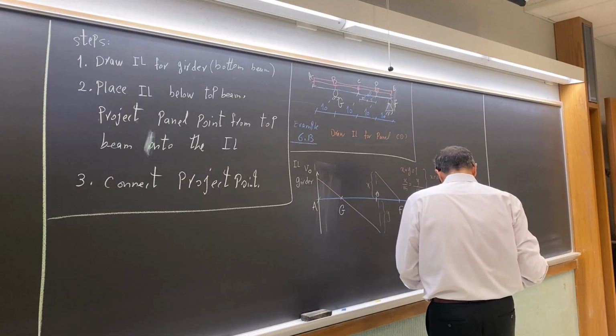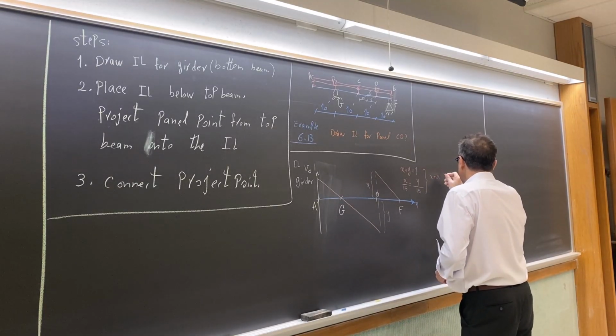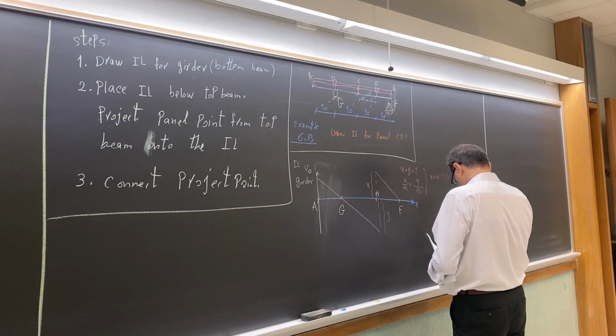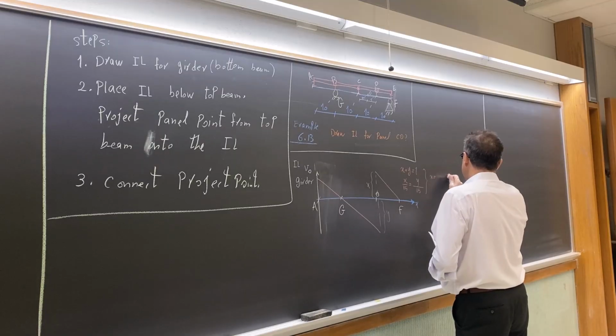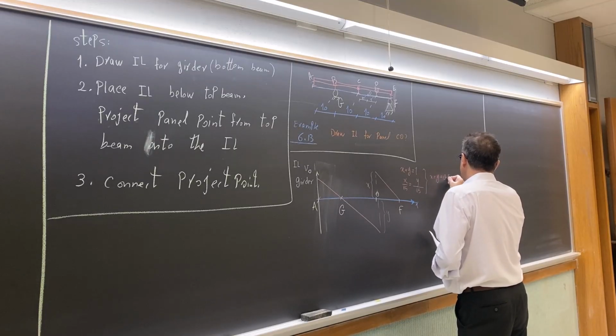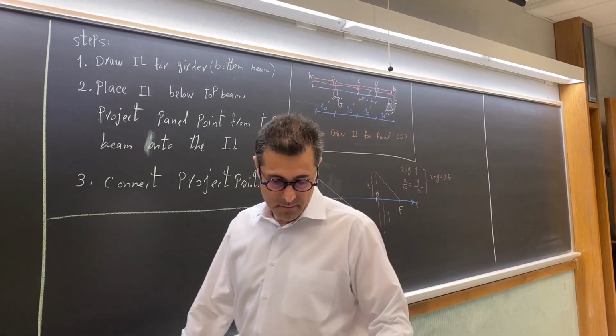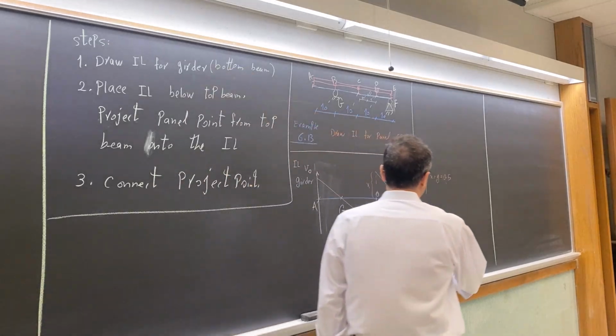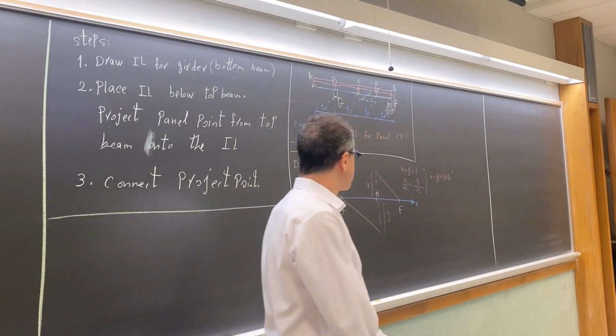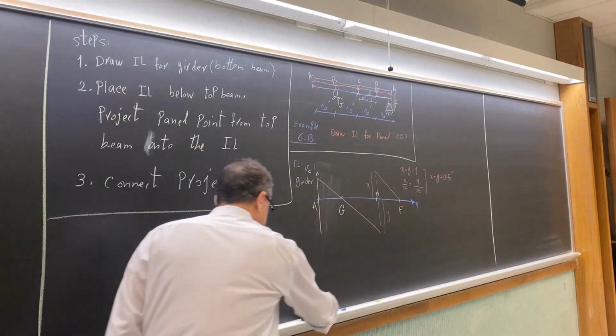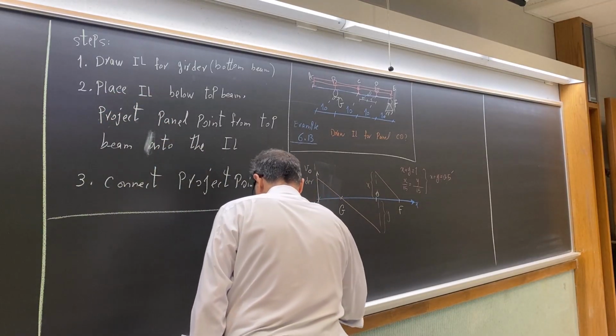X is 0.5. X and y together are 0.5. So we are done with the influence line for the girder.